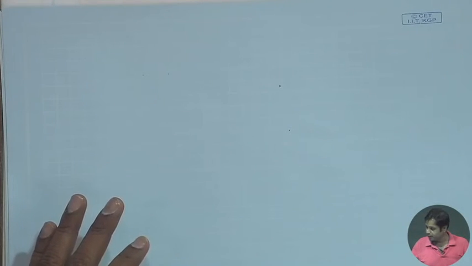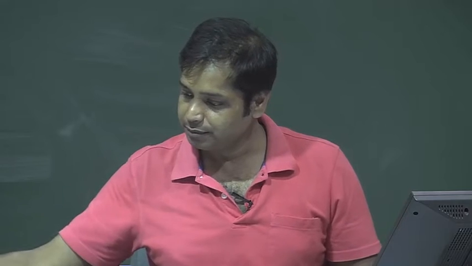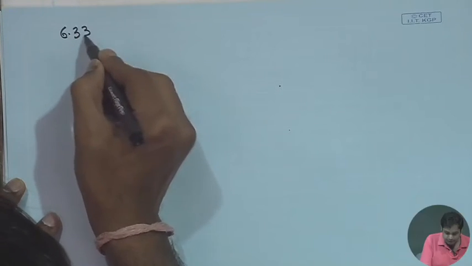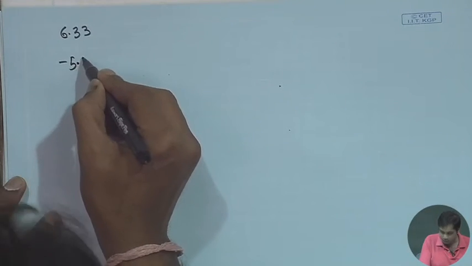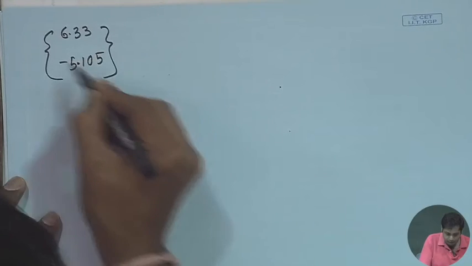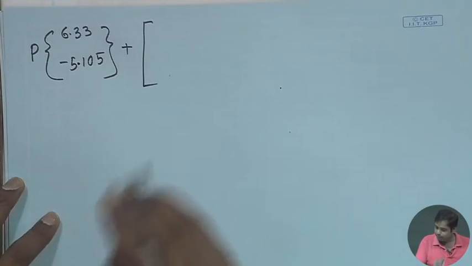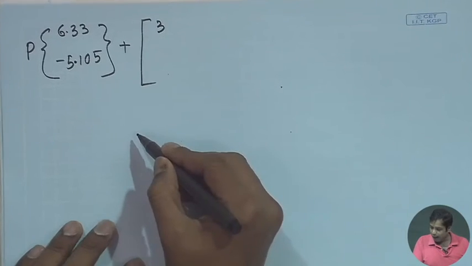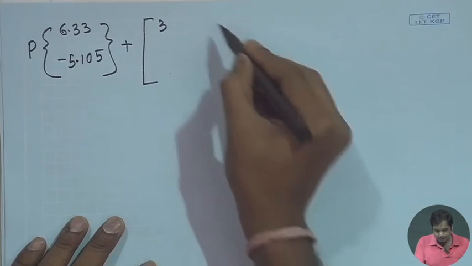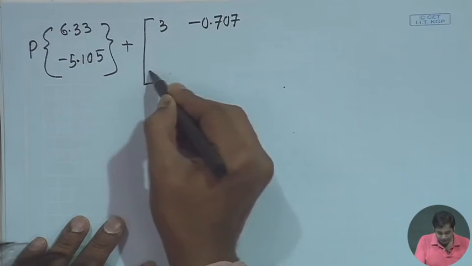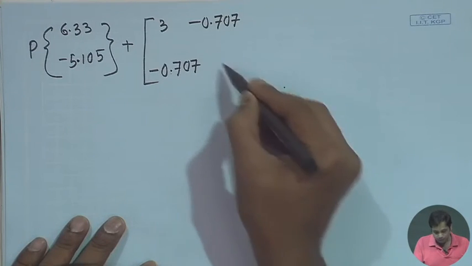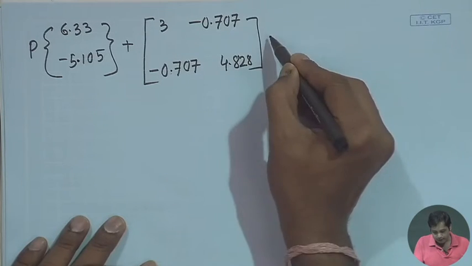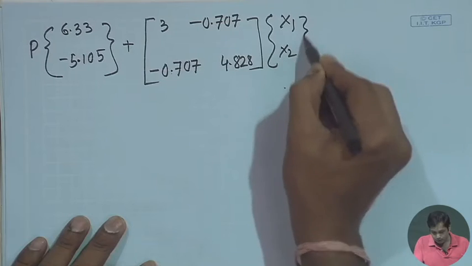I will give you the final expression for this. d1L is 6.33, and d2L is minus 5.105 P, plus the flexibility matrix: F11 you get 3, F12 is minus 0.707, it is symmetric, and F22 becomes 4.828, times x1, x2, equal to 0.